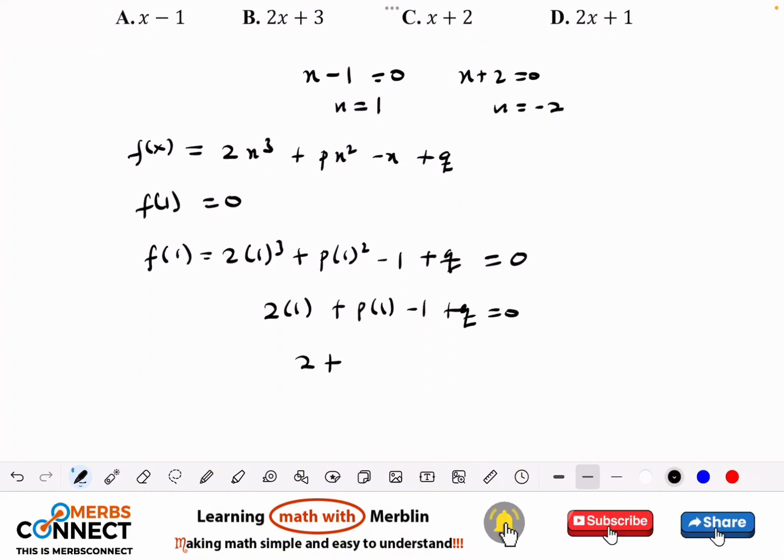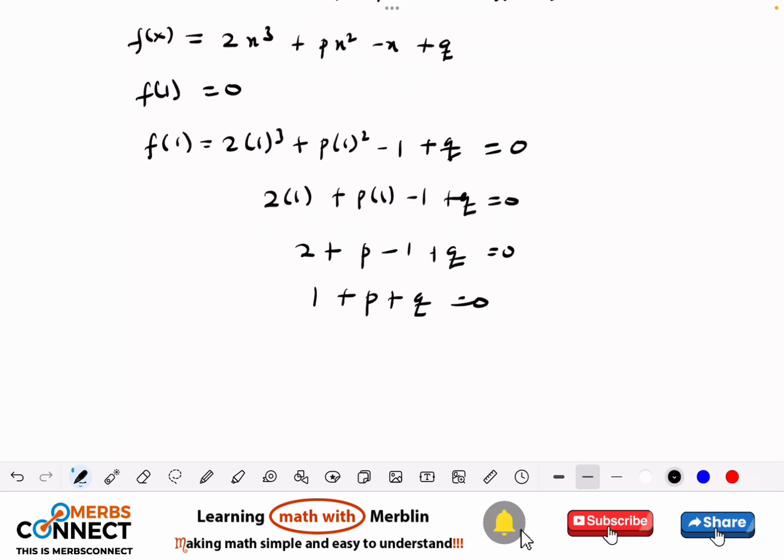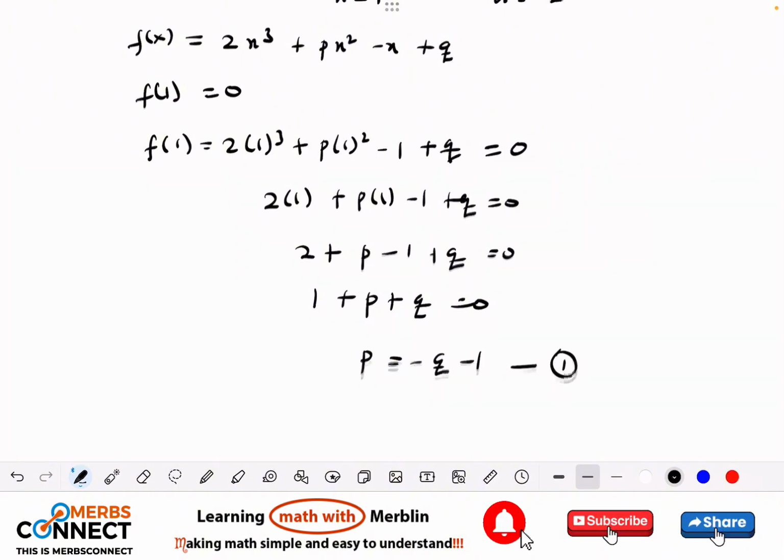So 2 plus p minus 1 plus q is equal to 0. So what are we going to get at the end of the day? We are going to have 2 minus 1 is 1, plus p plus q is equal to 0. Let's make p the subject here. p will be equal to minus q minus 1. So this is equation 1.